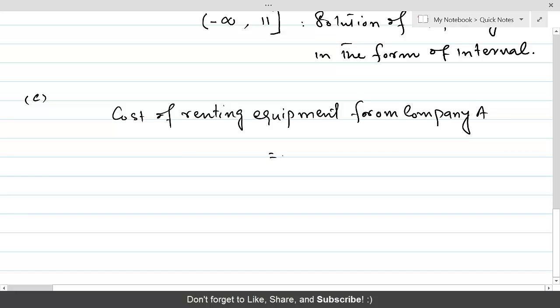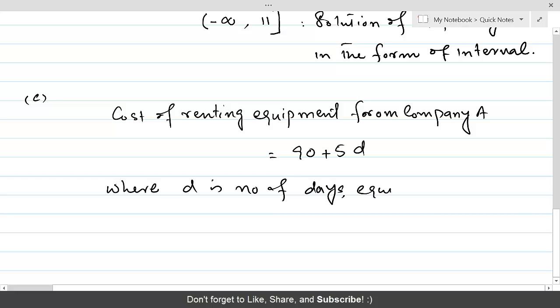It is equal to their basic charge or one-time charge, that's $90, plus they charge $5 a day. 5D, where D is the number of days the equipment is rented.